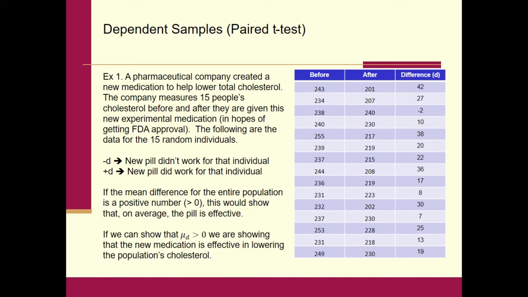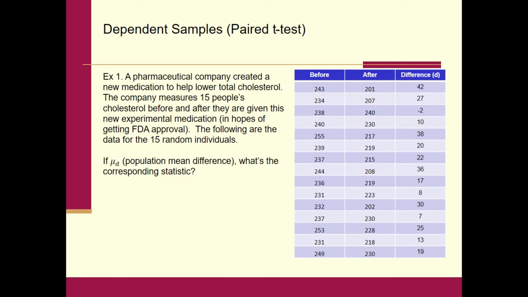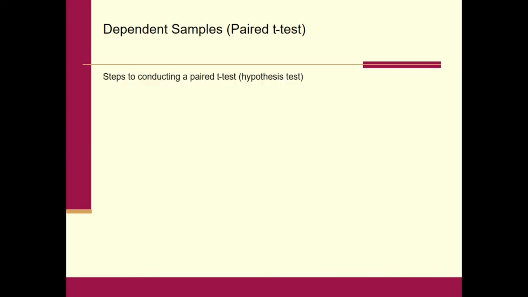There I stated about the cholesterol, if it was greater than 0, and that's giving you a hint what's going to go into the alternative. Again, what's the corresponding statistic? That's d bar. That turned out to be 20.8.